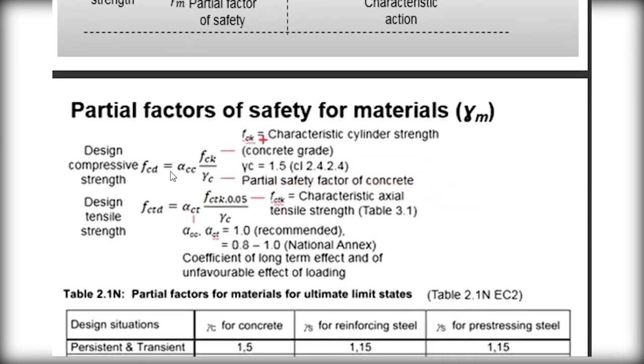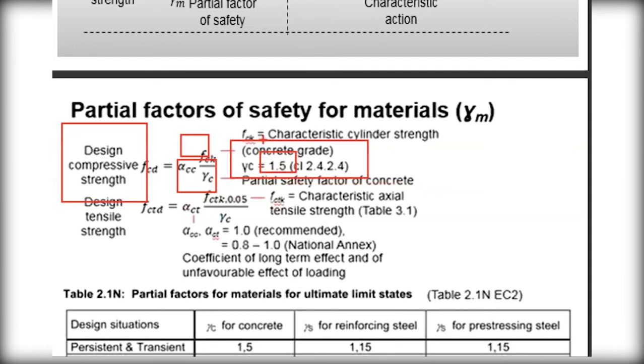Now the partial safety factor of the material is like this. The compressive design stress is fck over the partial safety factor, which as per that clause or table for the concrete is about 1.5, as we said before.